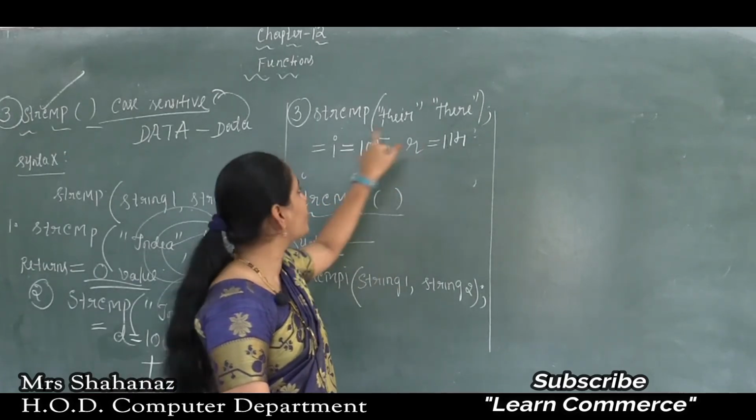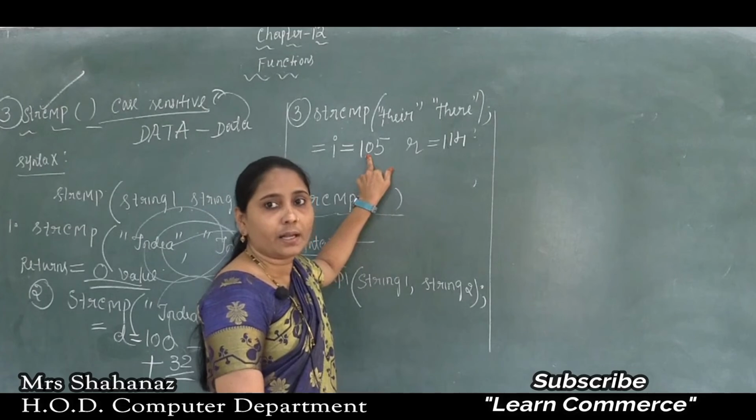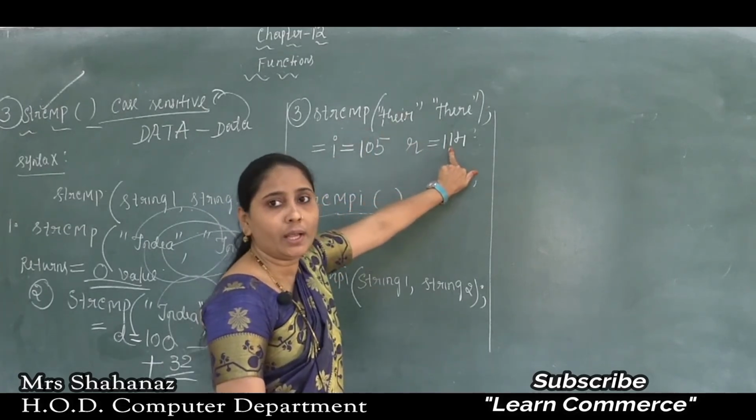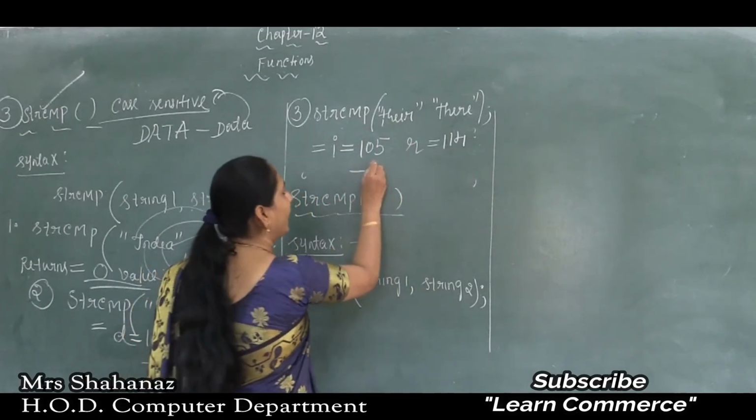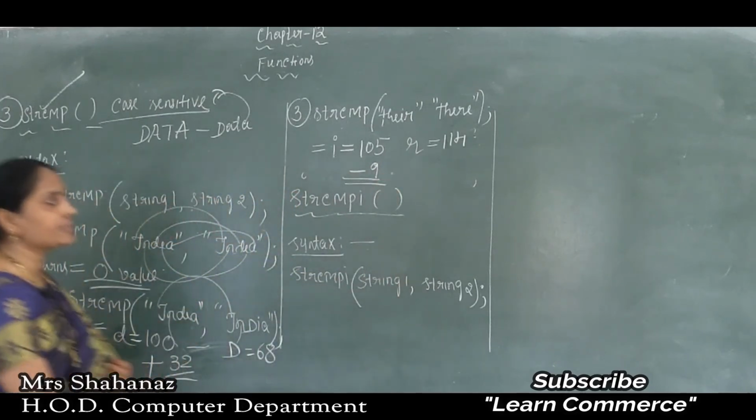So when string 1 is less than string 2, it returns a negative value. Clear this point here?